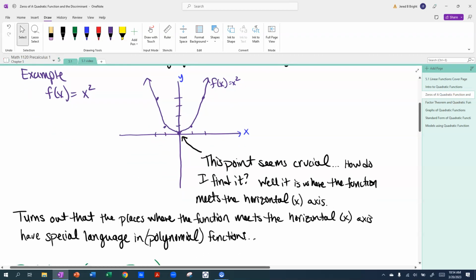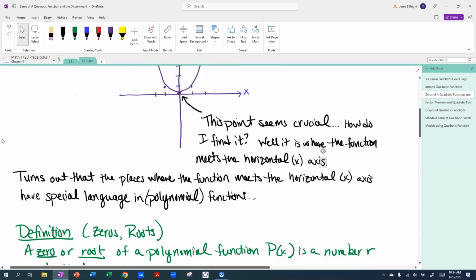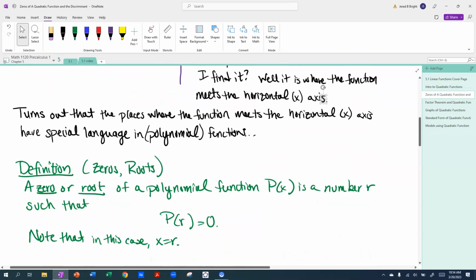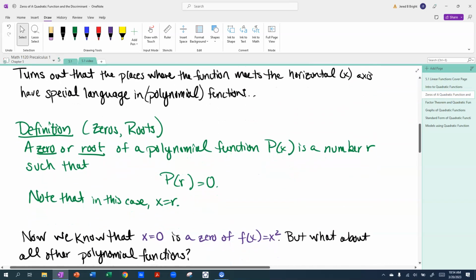This place is indeed important, and it has a specific name among polynomial functions. It's called a root or a zero. I'm probably going to mix the two bits of language, but they're equivalent. A zero or a root of a polynomial is a number r such that if we substitute r into the polynomial, we get out zero.